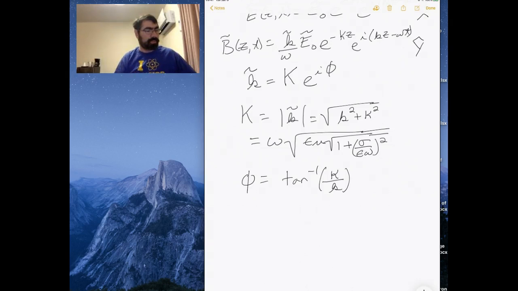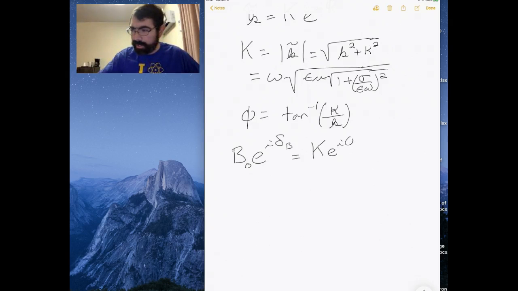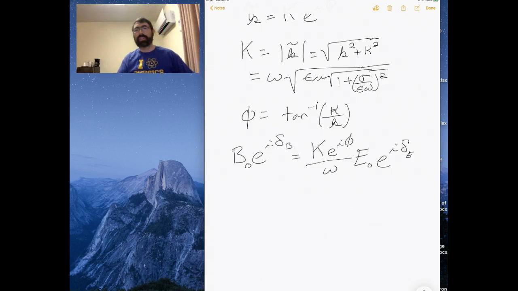So now let's look at the connection between the magnetic and the electric fields. The magnetic field amplitude times its phase is equal to capital K times its phase over the frequency, times the magnitude of the electric field, e to the i, the phase of its amplitude, delta E. So essentially what have I done?